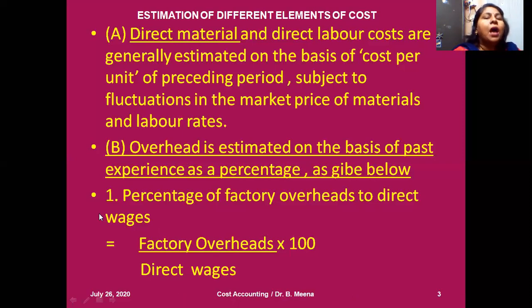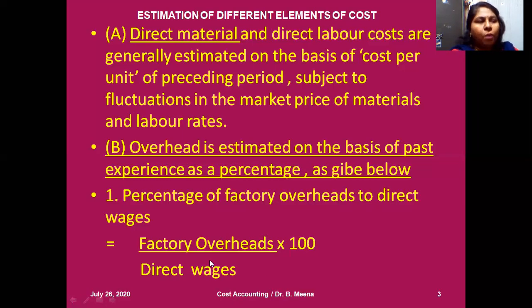Say for example, our first calculation is after preparing the cost sheet for the given information in the problem. Next, we move on to the working notes. The first working note will be the percentage of factory overheads to direct wages. So factory overheads divided by direct wages into 100.